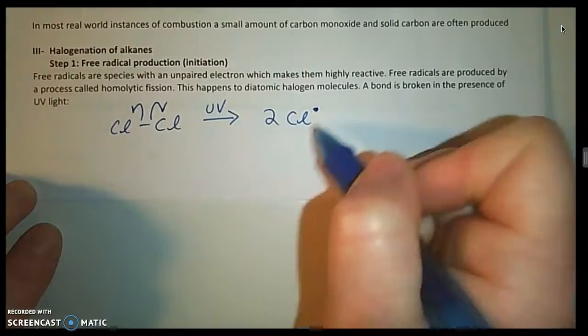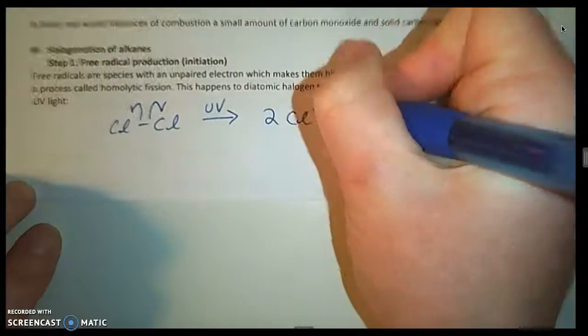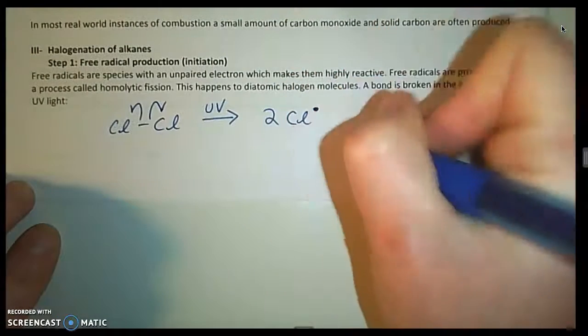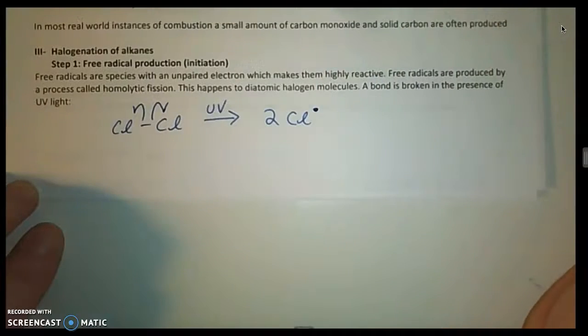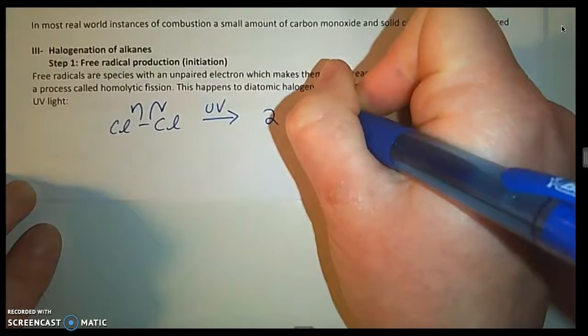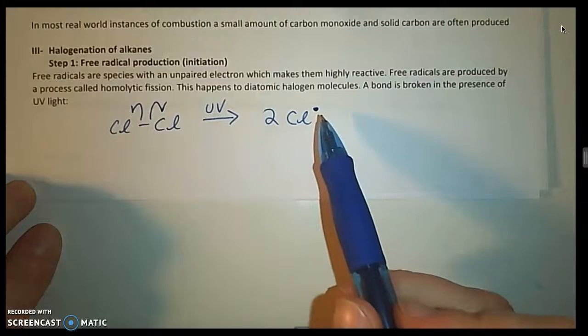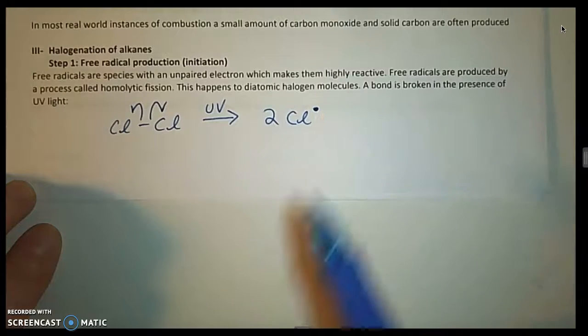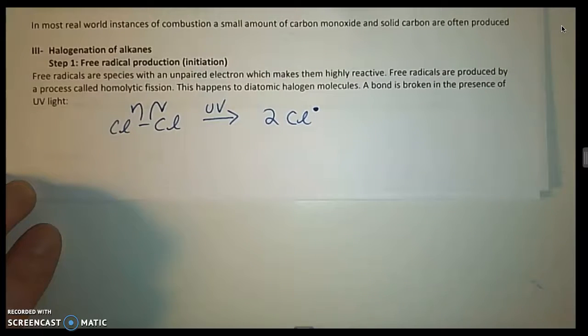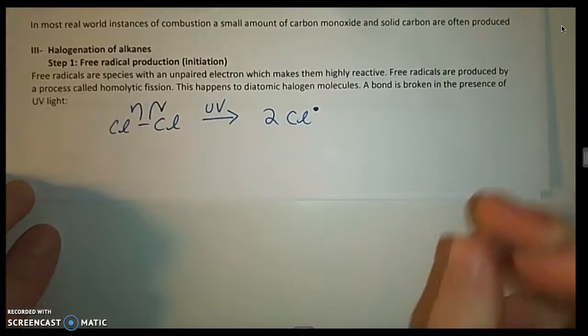The way we show that they're free radicals is this dot right here, which represents an unpaired electron. Having that unpaired electron means that that chlorine atom floating around is extraordinarily reactive, even if it runs into something like an alkane, which is normally not very reactive.